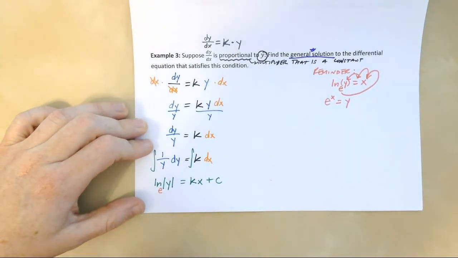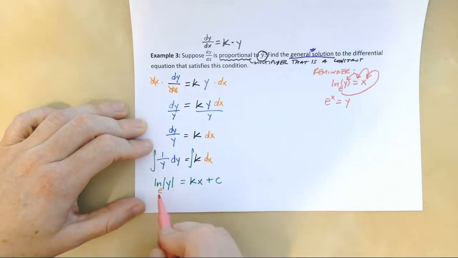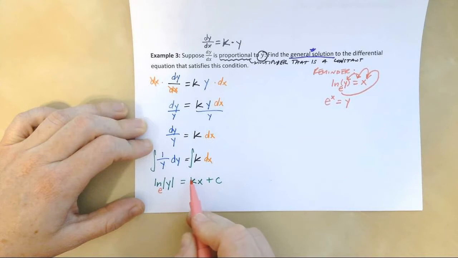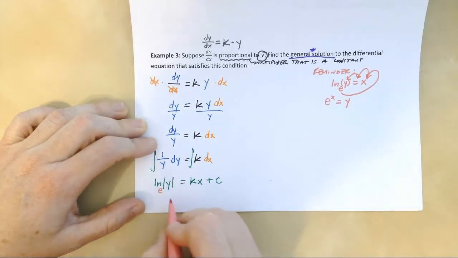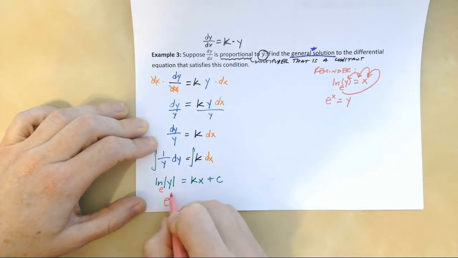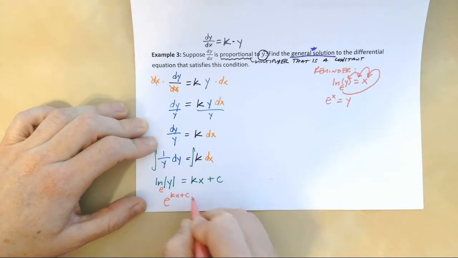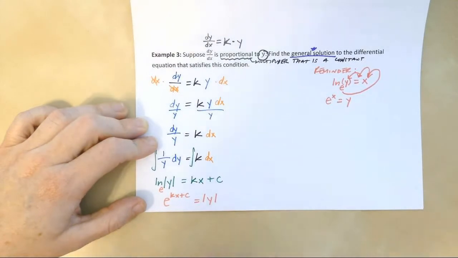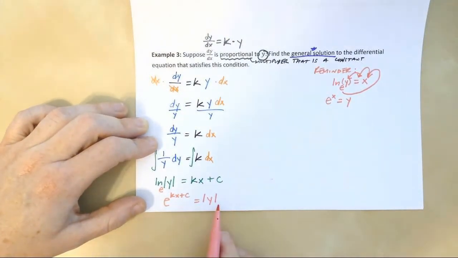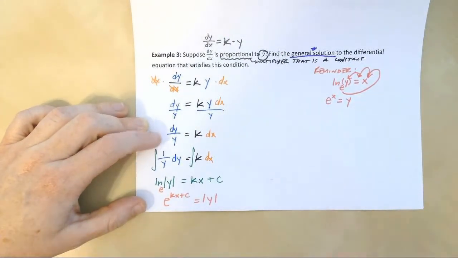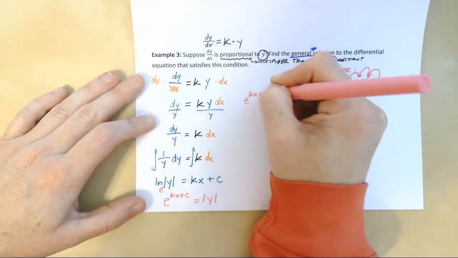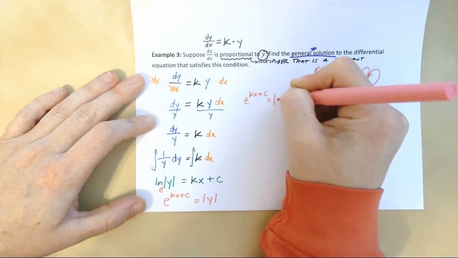Put in your base, e, and we will get e to the kx plus c equals the absolute value of y. Let me write that over here really quick: e to the kx plus c equals absolute value of y.